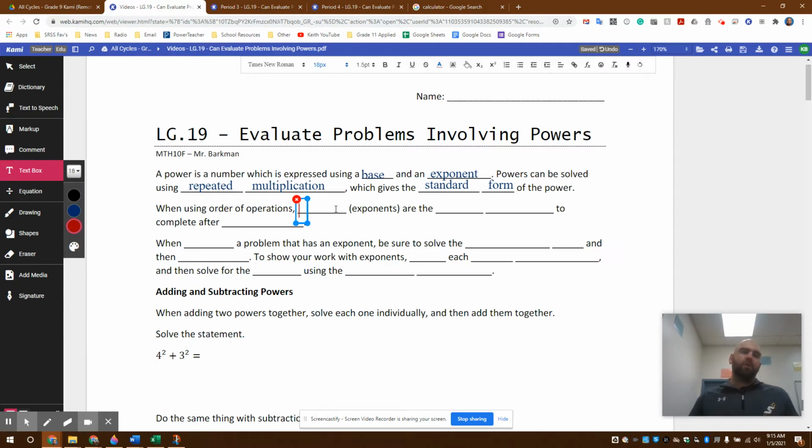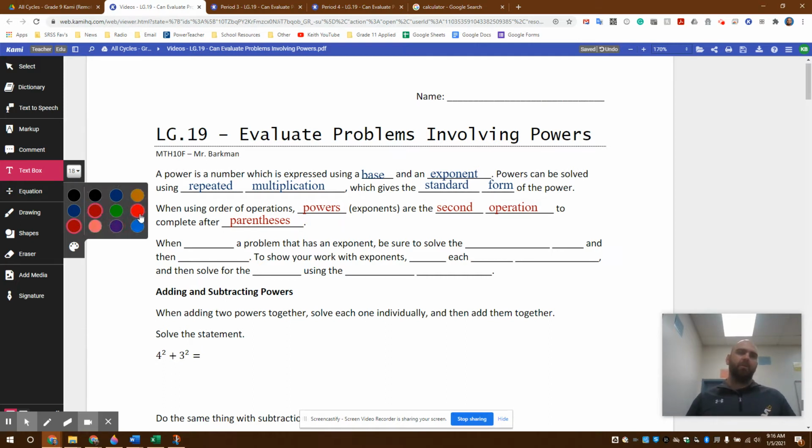Now, when we're using order of operations, powers, or what we might also consider to be exponents, are the second operation to be completed after we finish with our parentheses. So we first do parentheses, and then we do our powers or any of the exponents that we might see.